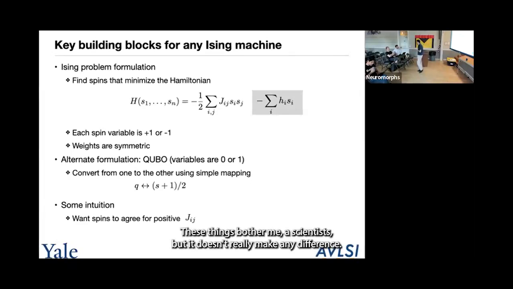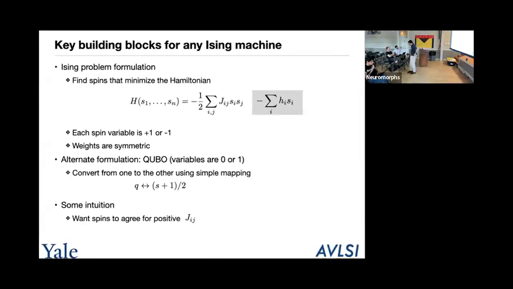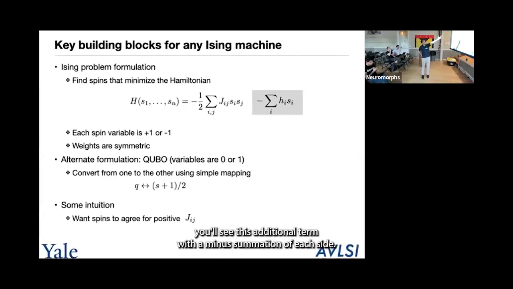These things bother me as a computer scientist, but it doesn't really make any difference. So you're minimizing -half the summation of weights Jij Si Sj, and sometimes you'll see this additional term with a minus summation of Hi Si. Each spin variable Si is supposed to be a spin. They're supposed to be +1 or -1.